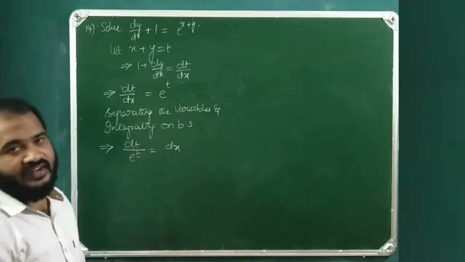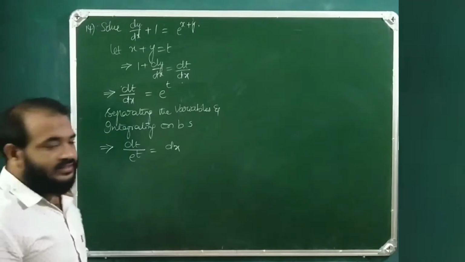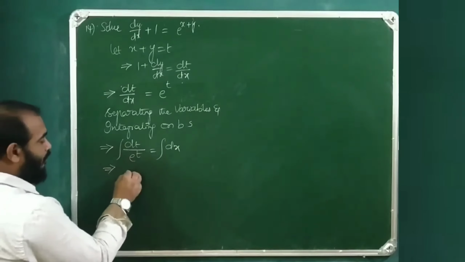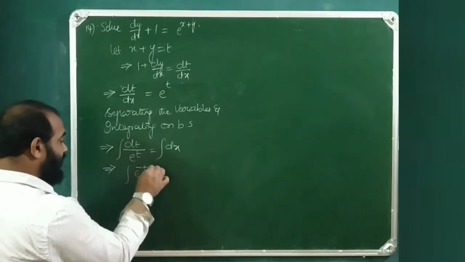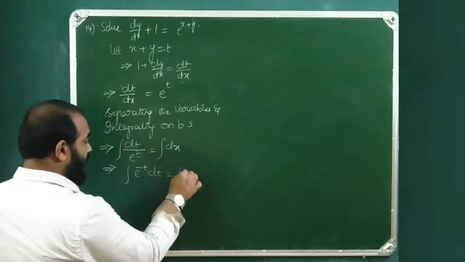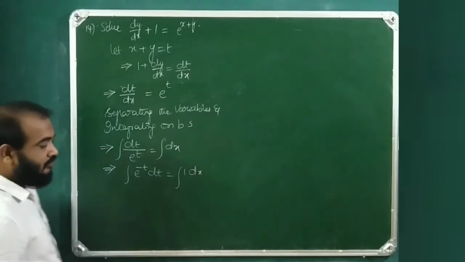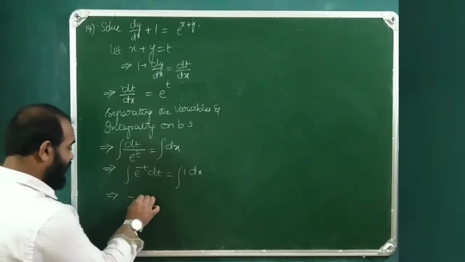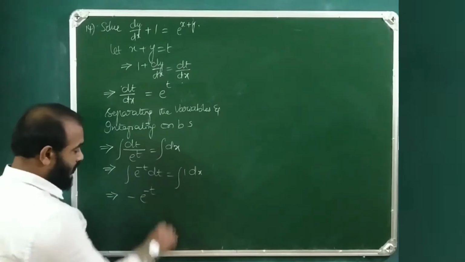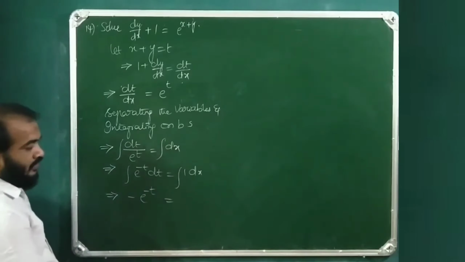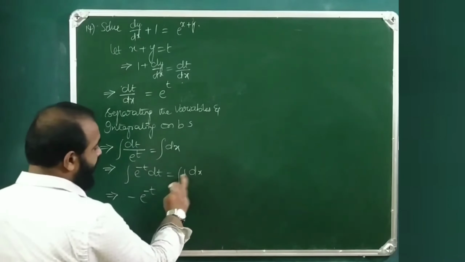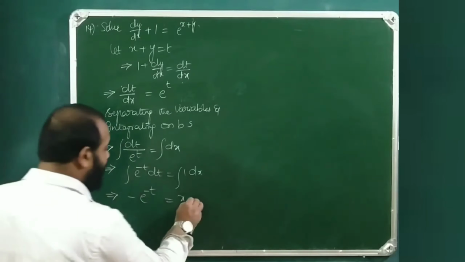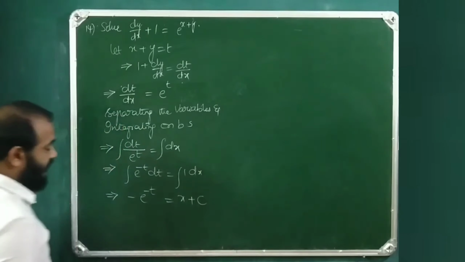If you transpose the 1 by dx onto the other side, it is dx. So integrating on both sides, 1 by e power t is nothing but e power minus t dt equals the integral of 1 dx. The integral of e power minus t is minus e power minus t, equals the integral of 1 dx, which is x plus the constant of integration c.